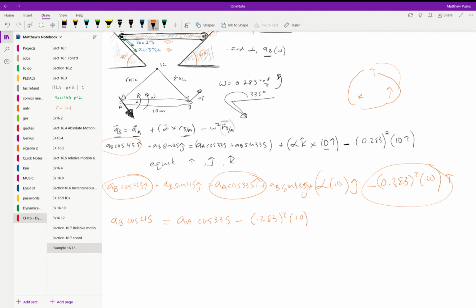We still have two unknowns here. So let's get the J components.